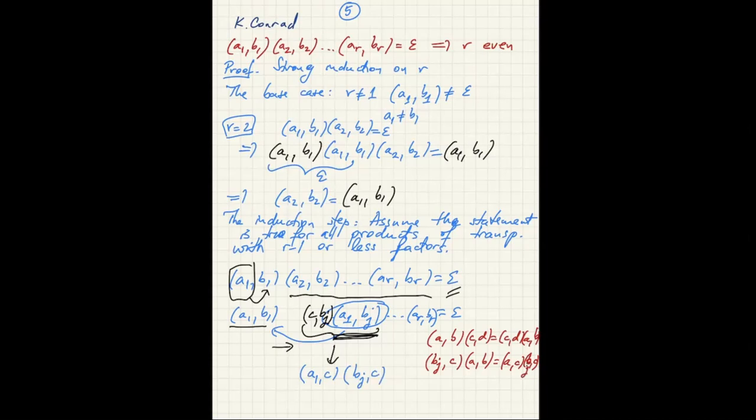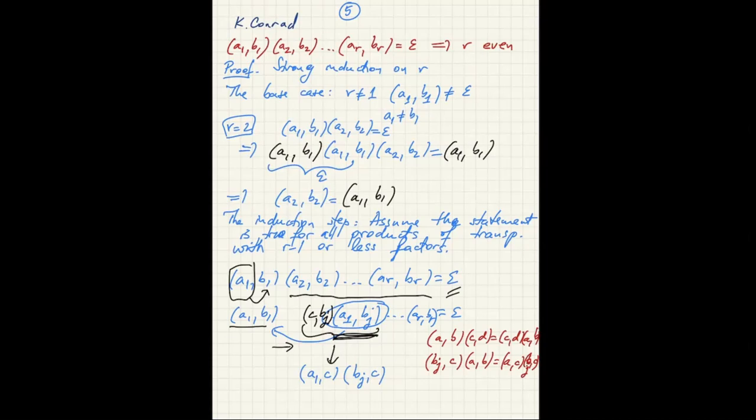So the same thing as before, we can replace our product by a different product where the second transposition that contains A1 in this product after the first one is closer and closer to the first position.